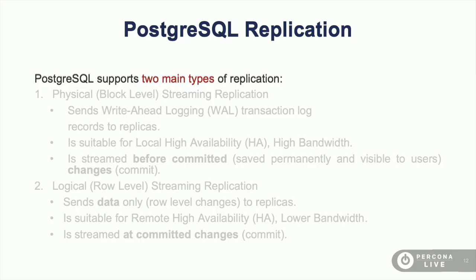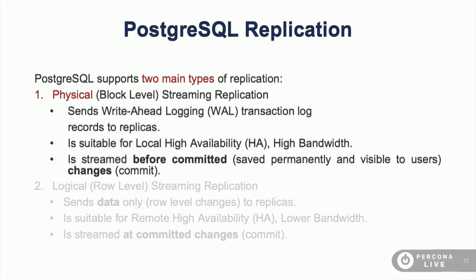Postgres replication has been supporting two main types of replication: physical, block-level streaming replication, where the records inside the write-ahead transaction logs are sent to the replicas, the standby nodes. It's suitable for high availability, though it usually requires high bandwidth.